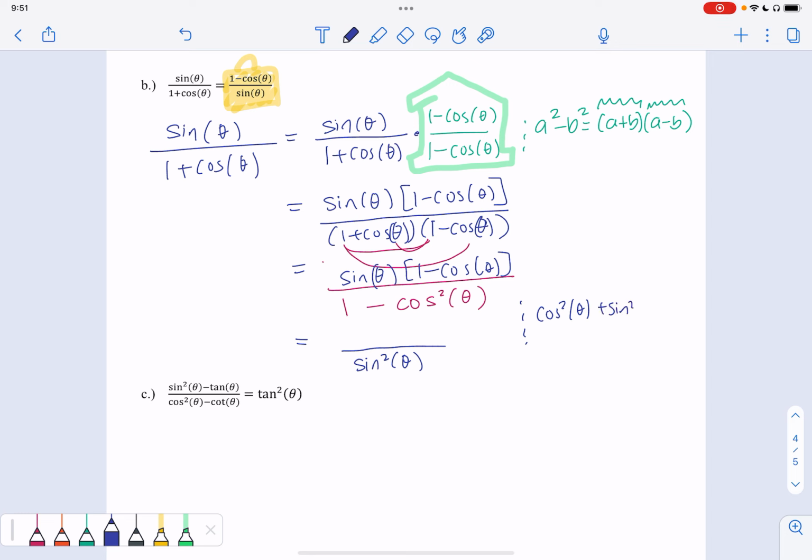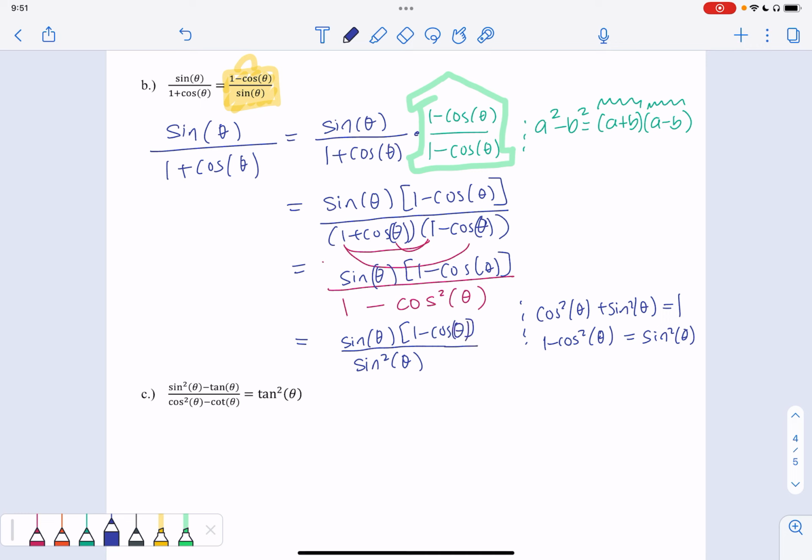And again, it gets easier as we do a bunch of these. That's the Pythagorean identity, cosine squared theta plus sine squared theta equals 1. But subtracting cosine squared theta from each side gives me 1 minus cosine squared theta is equal to sine squared theta, which is what I want here. The numerator is still sine of theta times 1 minus cosine of theta.